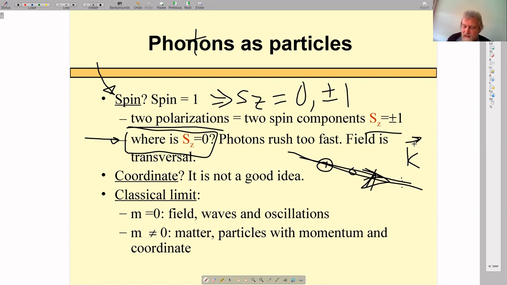Indeed, that's rather electromagnetic waves, oscillations of fields. If mass is not zero, then it's not a field, it's rather matter. Those are particles which can be at rest, which can have momentum and coordinate. It's a classical limit of field theories for massless and massive particles. Right, I guess that's what I wanted to say before the break.